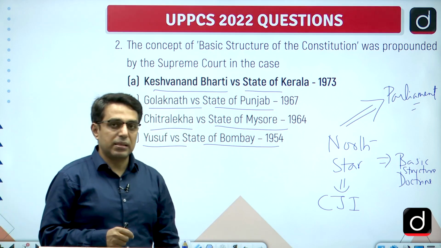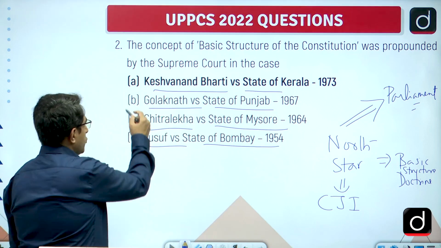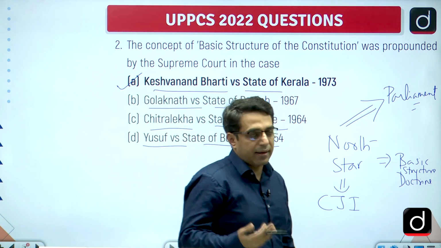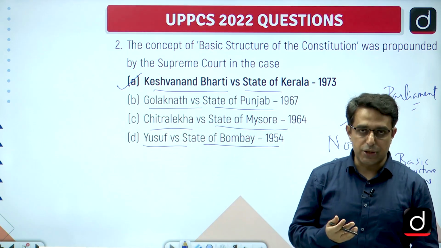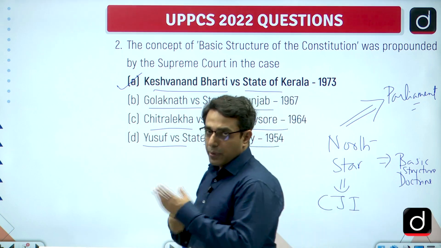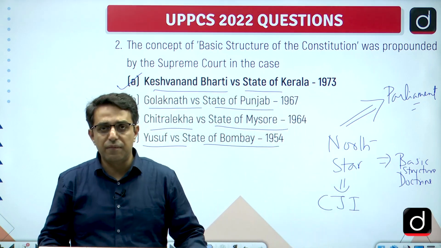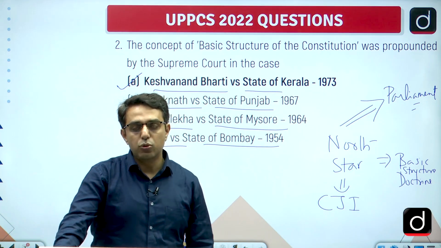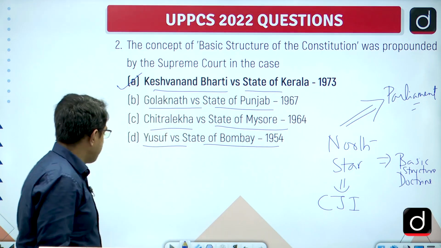The correct answer here is again Keshwanand Bharati versus State of Kerala 1973. Option A is the correct answer. Very simple and direct question, right. If our preparation is good and we have covered the syllabus well, then such questions are very easy to do in the exam.